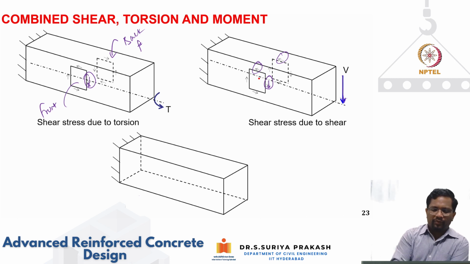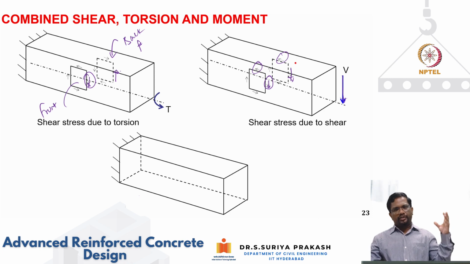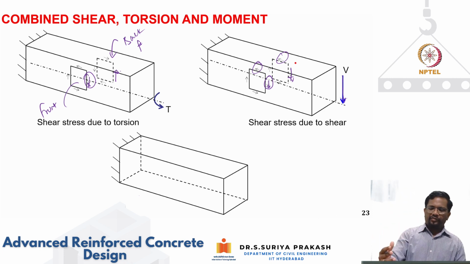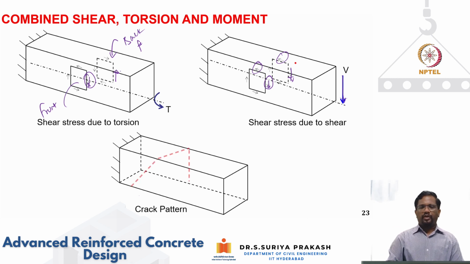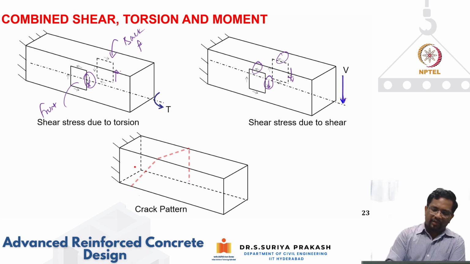But if you look at the back face, my shear stress due to torsion is going up, but due to shear it is coming down. So this and this will subtract from each other. So on the front face, the shear stress due to torsion and shear add up. On the back face, they subtract because they are in different directions. Because of that, whenever you have an element subjected to combined shear and torsion, your crack angle is going to keep changing.